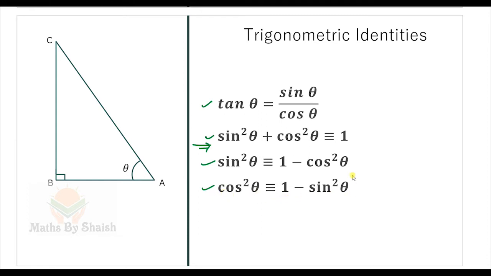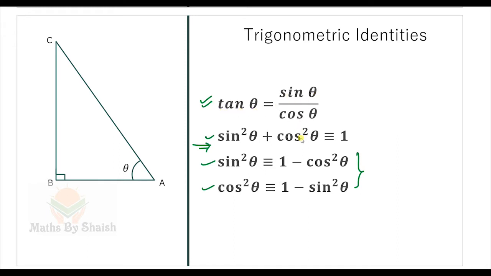So it is very helpful if we want to convert the equation into only cos or only sin. Whenever we have cos squared theta, we can convert it into sin squared accordingly, and vice versa.